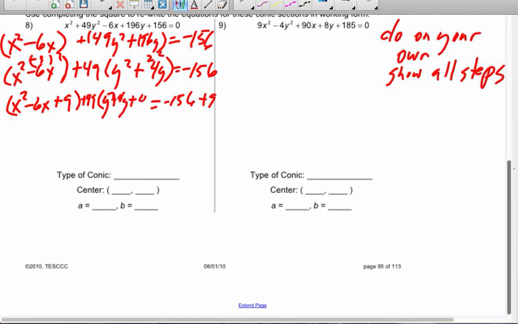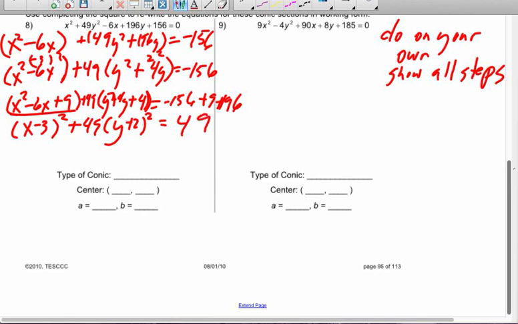And I'm going to have to multiply my 4 by 49, which will give me a plus 196. And then when I factor these back out, half of my b gives me x minus 3 squared plus 49. And half of that is going to give me y plus 2 squared. And that will equal 49.